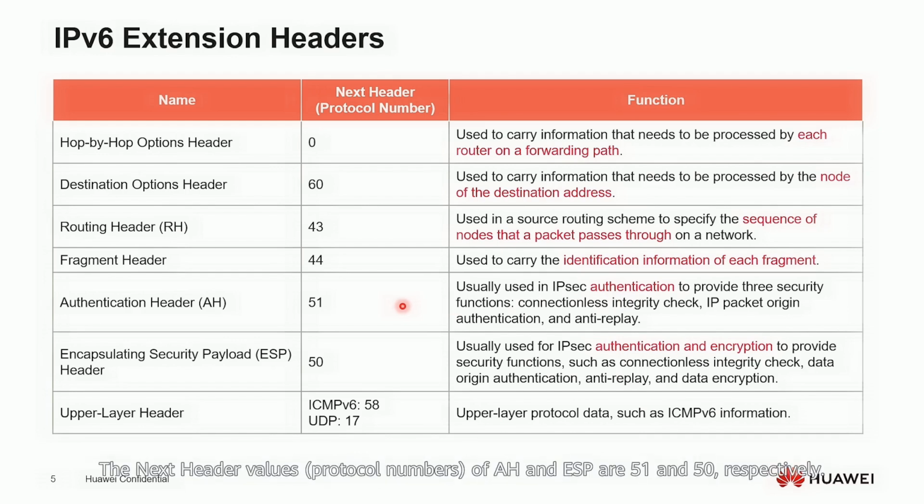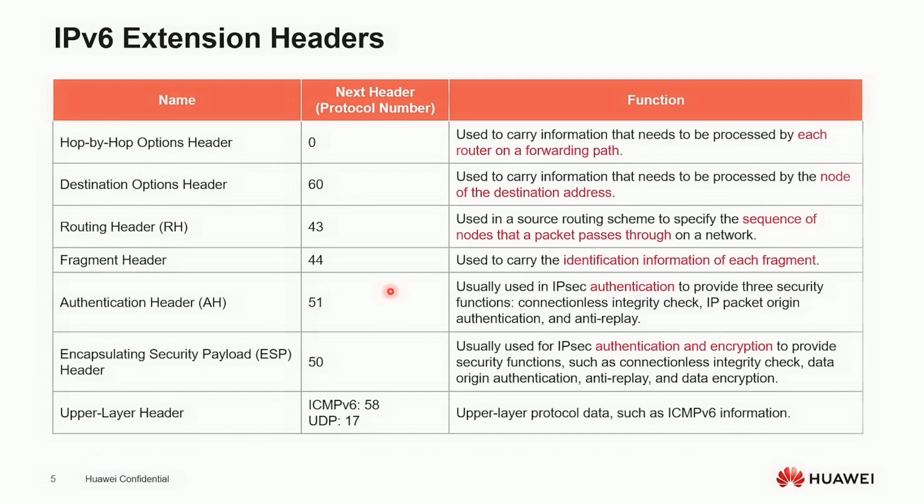The next header values of AH and ESP are 51 and 50, respectively. The next header values of upper layer protocol packets, such as ICMPv6 and UDP, are 58 and 17, respectively.